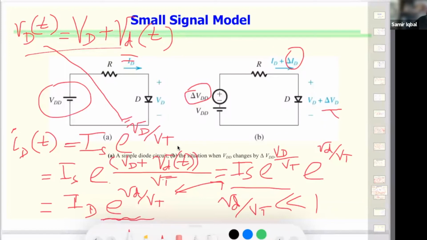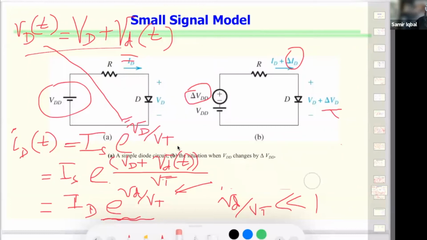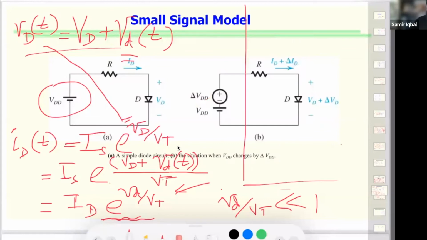I'm going to clean some of the part here and write this part. So if I do that, my original relationship for current with small signal variation becomes simplified, and I get I_D times 1 plus v_d over V_T.